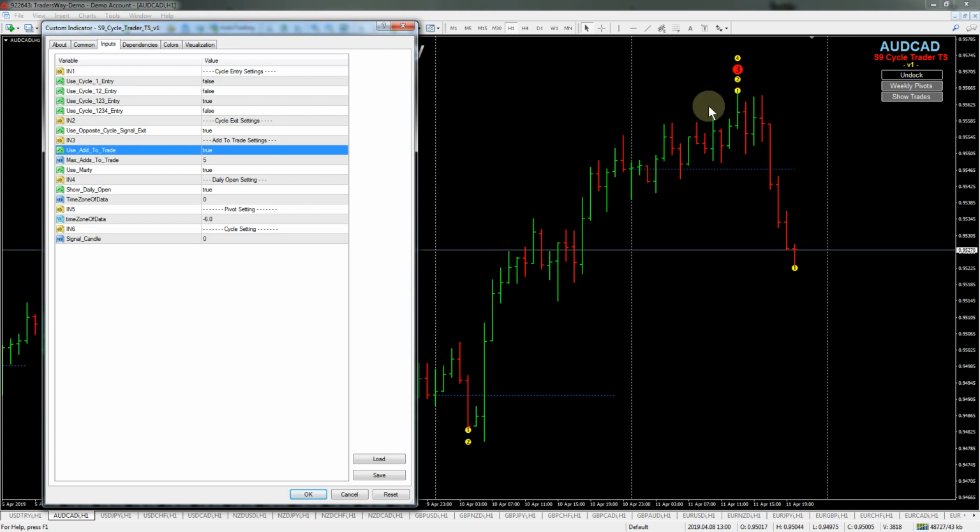So say if it was over here, then it comes over here, and now it's over here, it would add to the trade every time it moved. It does not matter if you're in profit or not, it's going to add to the trade, because more than likely when you're taking a short up here and you're actually not going down, you're not going to be in profit.